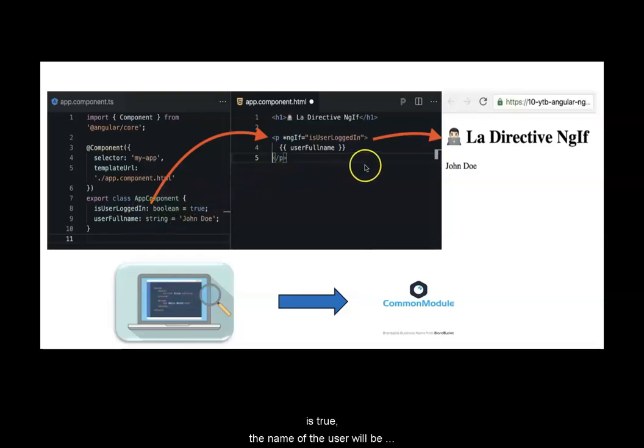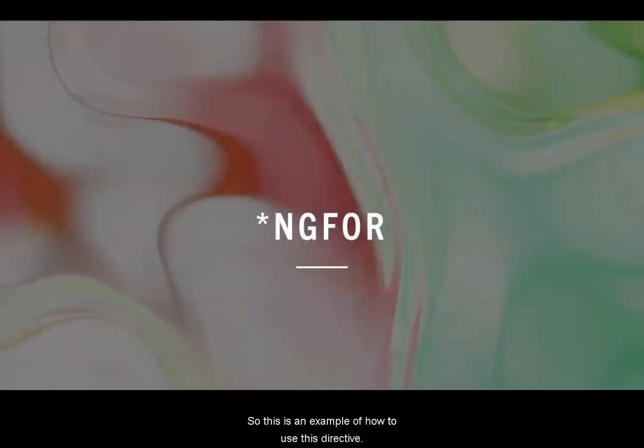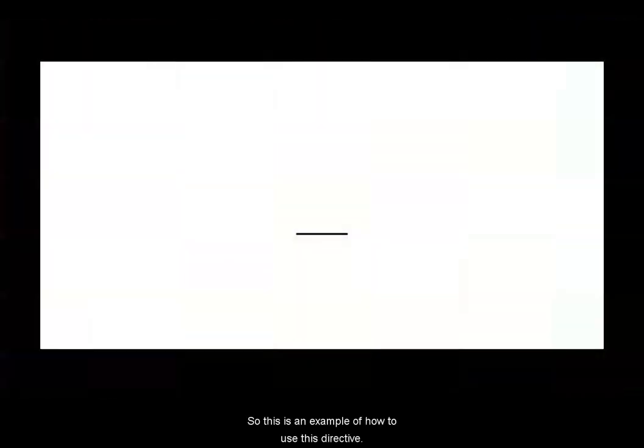If the condition isUserLoggedIn is true, the name of the user will be displayed, otherwise nothing. What I advise you to do is to create your properties first, which contains the condition you are going to test. Why? Because your code is very often evaluated by Angular, and for it to be well updated, it will go through your condition and test it, retest it, retest it. So this is an example of how to use this directive.